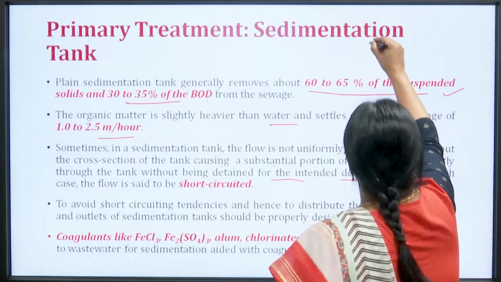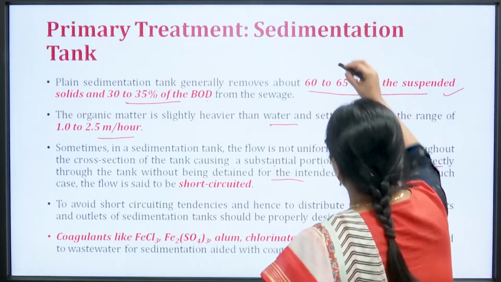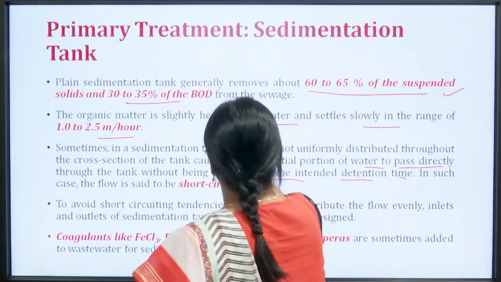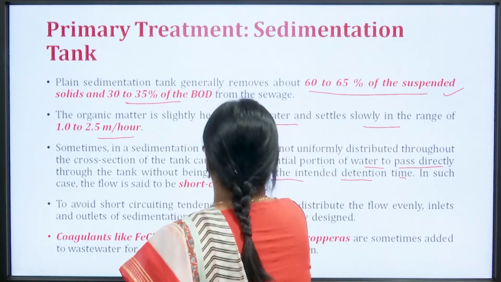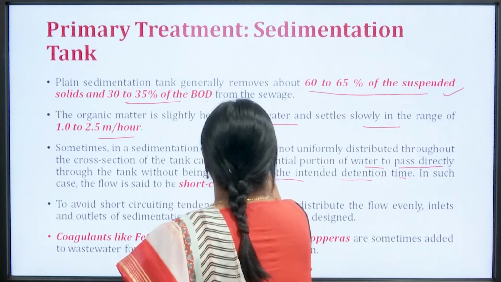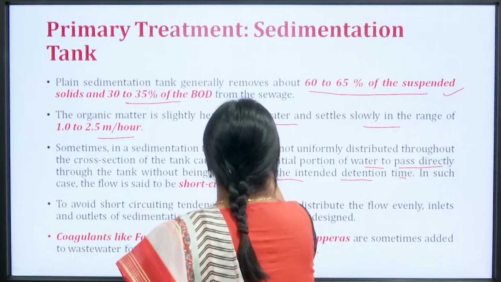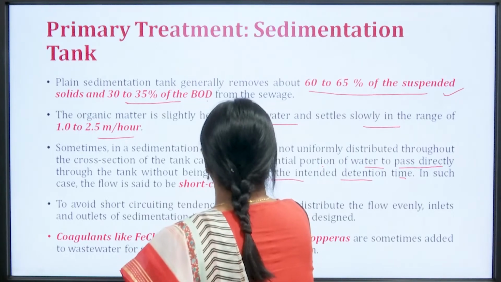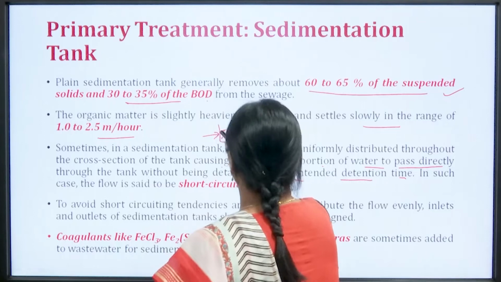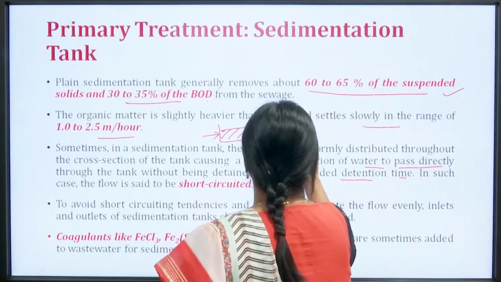So, what I mean to say here is that, say for example, you have a sedimentation tank here, right, and you want the water to stay here, for example, 2 hours.